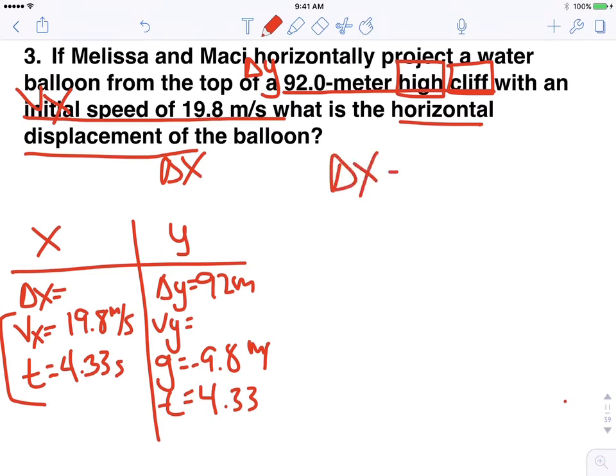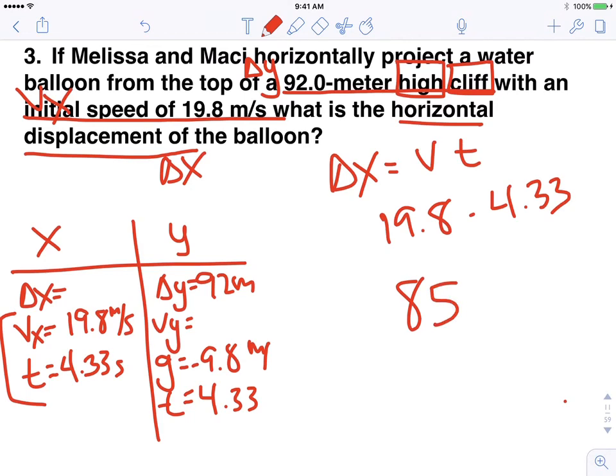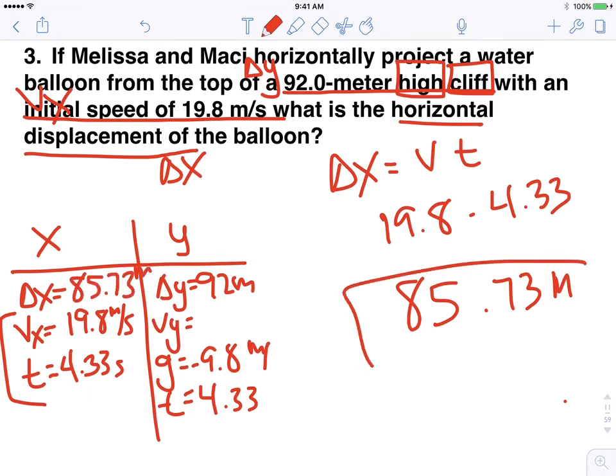We have delta x is equal to v times t. The velocity is 19.8 in the x direction, multiplying it by the time, 4.33 seconds. So we have 19.8 times 4.33, and that ends up being a displacement in the horizontal direction of 85.734. We can leave it at 85.73 meters. There you go, that's your answer.